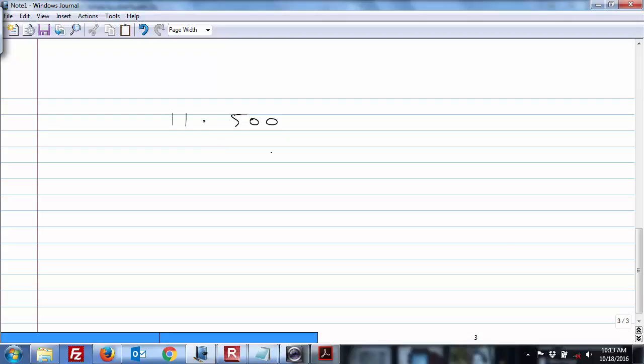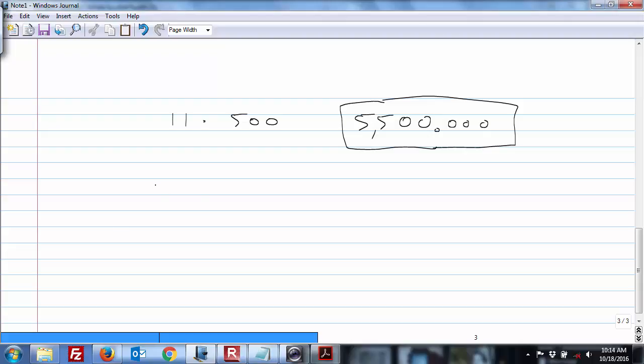So a number like this really has only one significant digit. You can treat it like 2 depending on the situation, but if we multiply 11 by 500, here's 5500. This would be correct, but there would be no point in putting all these extra zeros out there because you just don't know. You weren't given that much information initially.